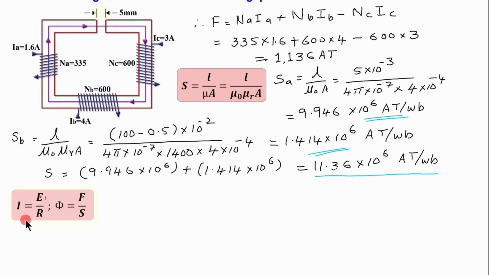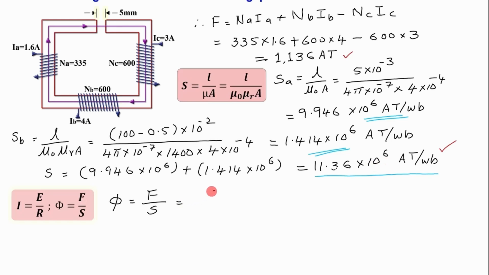We know that in an electric circuit I is equal to E by R. Similarly, in magnetic circuit phi is equal to F by S. Therefore, flux developed phi is equal to MMF F divided by reluctance S. MMF is 1136 ampere turns and reluctance is 11.36 into 10 raised to 6.